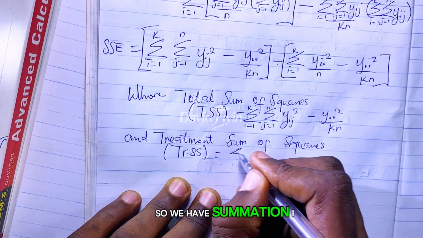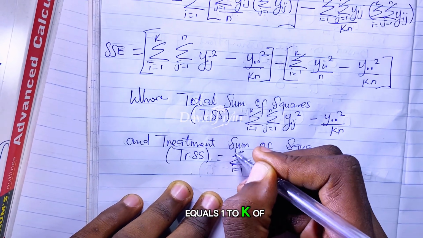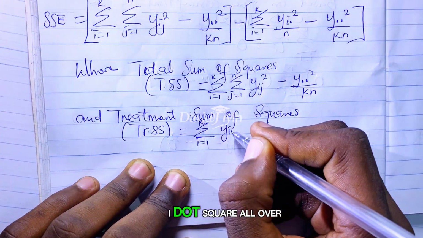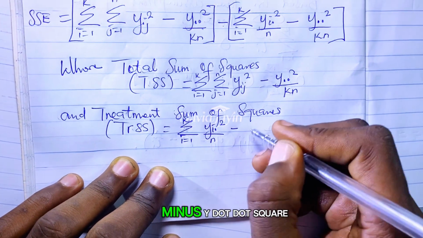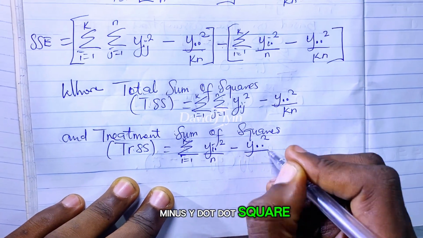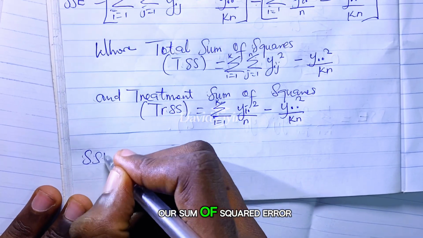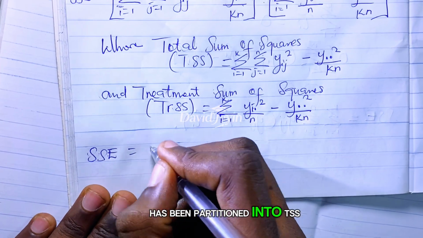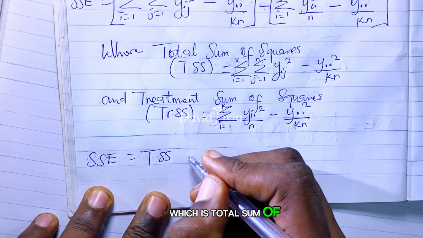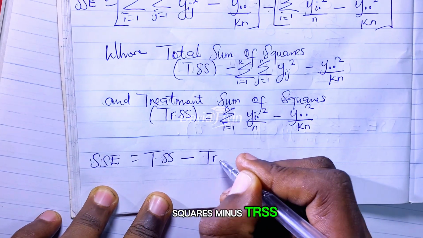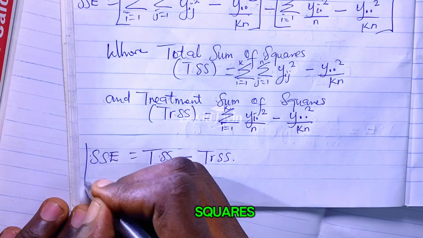So we have summation i equals 1 to k of y_i dot squared all over n minus y dot dot squared all over kn. And so our sum of squared error has been partitioned into TSS, which is total sum of squares, minus TRSS, which is treatment sum of squares.